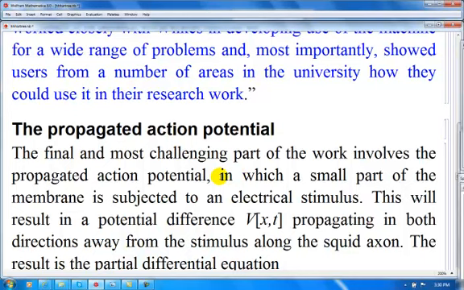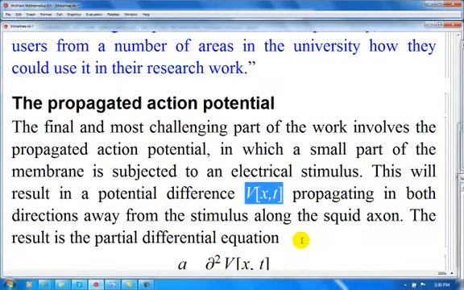In this, you have to imagine a nerve cell, which is basically a long, thin cylinder of membrane, and a small part of the membrane is subjected to an electrical impulse. This will result in a potential difference, which is now a function of position and time, propagating in both directions away from the stimulus along the squid axon.